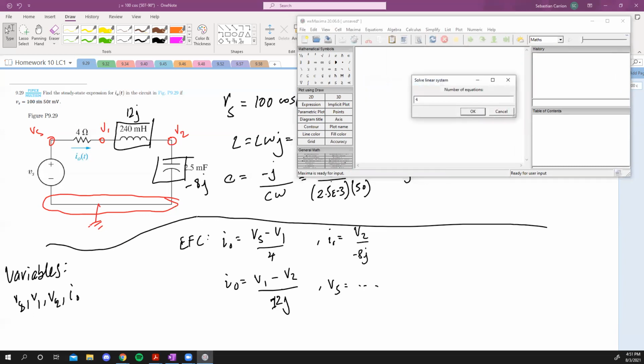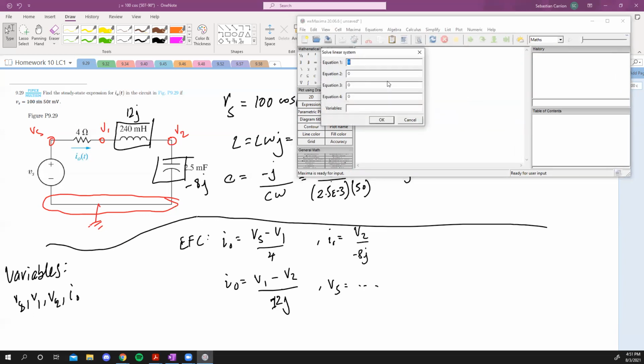All right, so Maxima. Since we know the amplitude of Vs is 100, there's no need for more. These are linear equations, and I'm not really sure if Maxima can handle cosine or sine. I'm sure it can, I haven't figured it out, but we can still solve this problem without doing so. So we plug in Vs as 100, the amplitude.